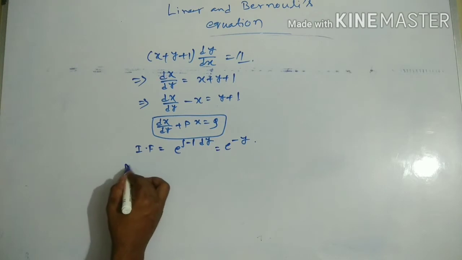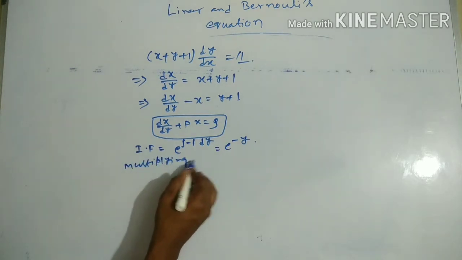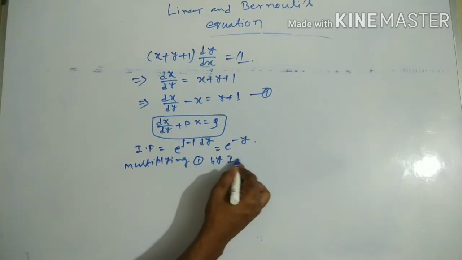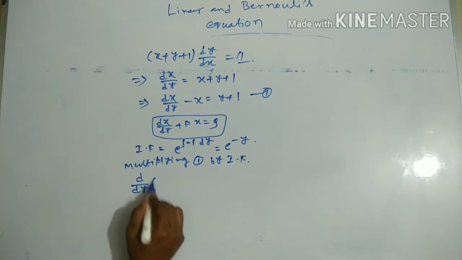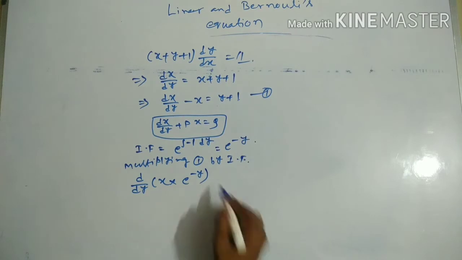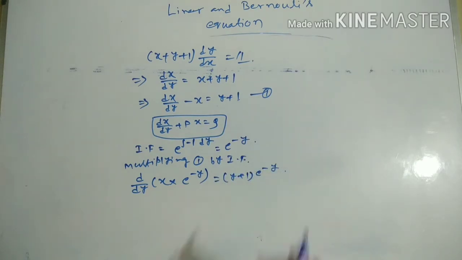Now multiplying by the integrating factor, we get d/dy of x into integrating factor, that is e to the power minus y, equal to y plus 1 into e to the power minus y. Next step we will have to integrate.